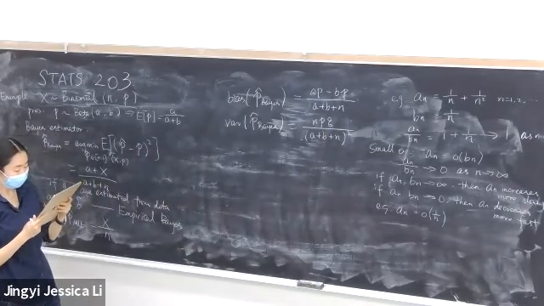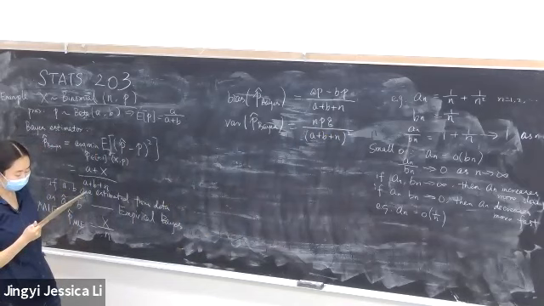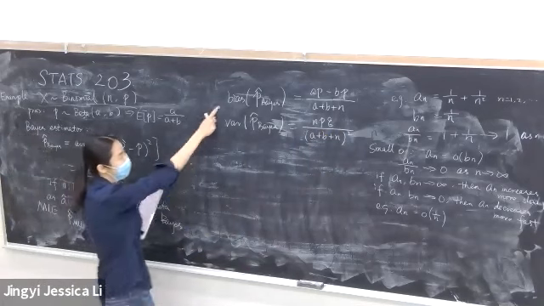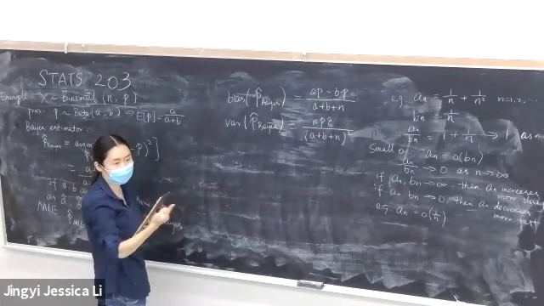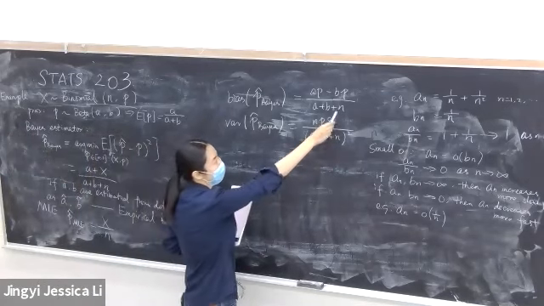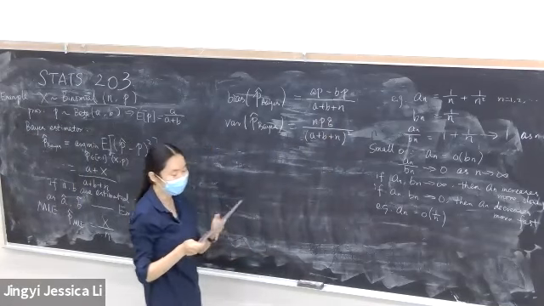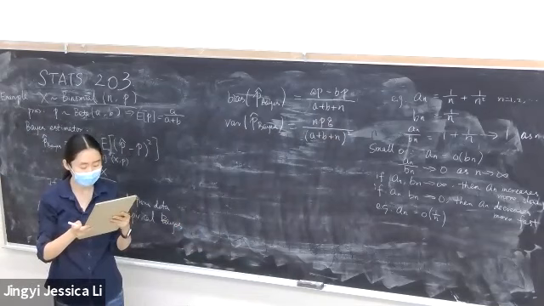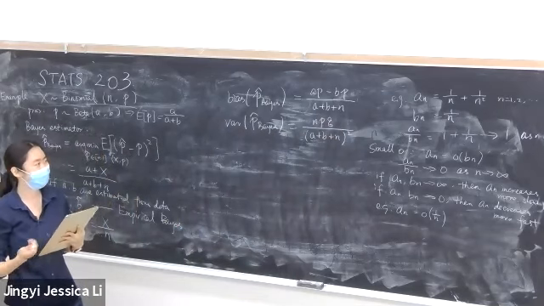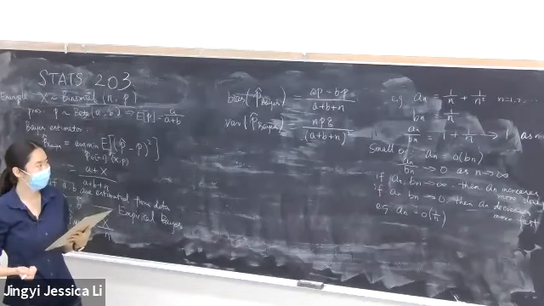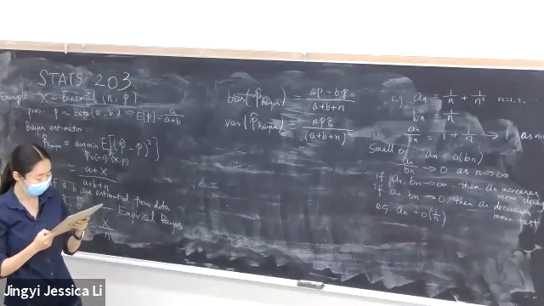Okay, so therefore, you can see the bias goes to 0 on the order of 1 over N, while the variance goes to 0 on the order of 1 over N squared. So we can clearly see that the variance shrinks faster than the bias does.